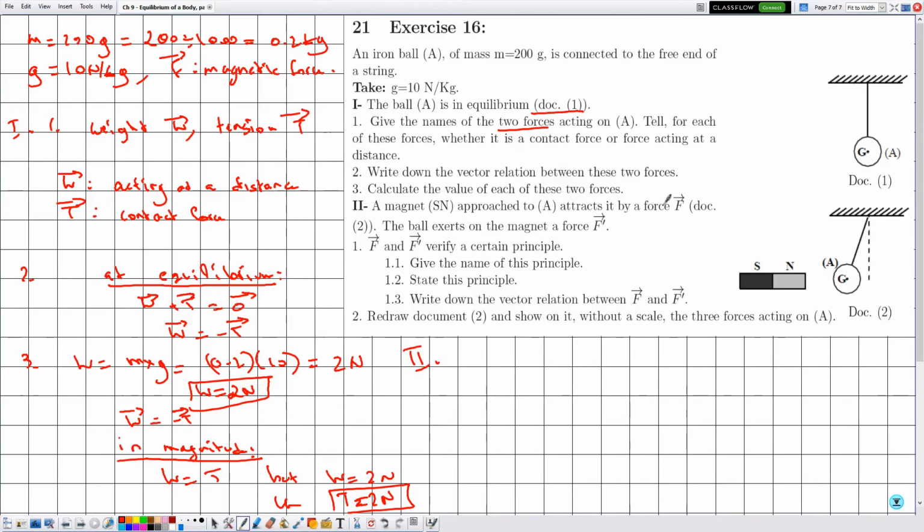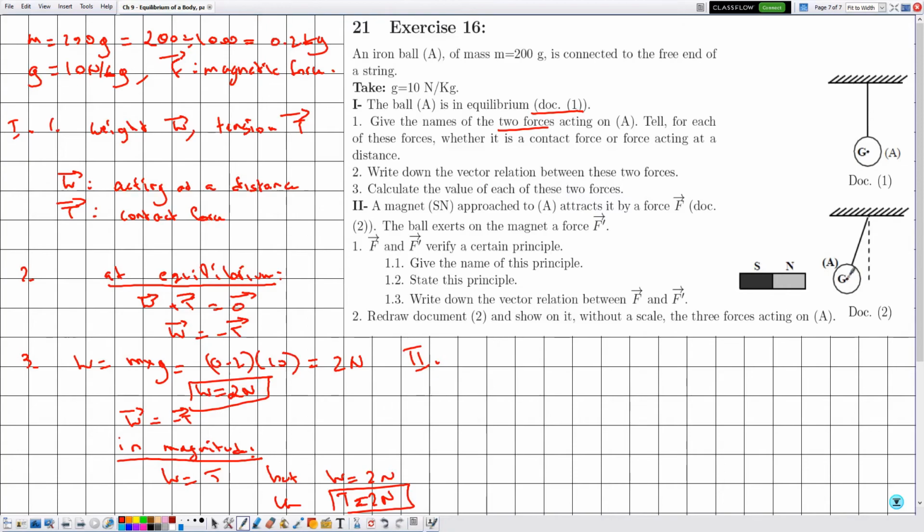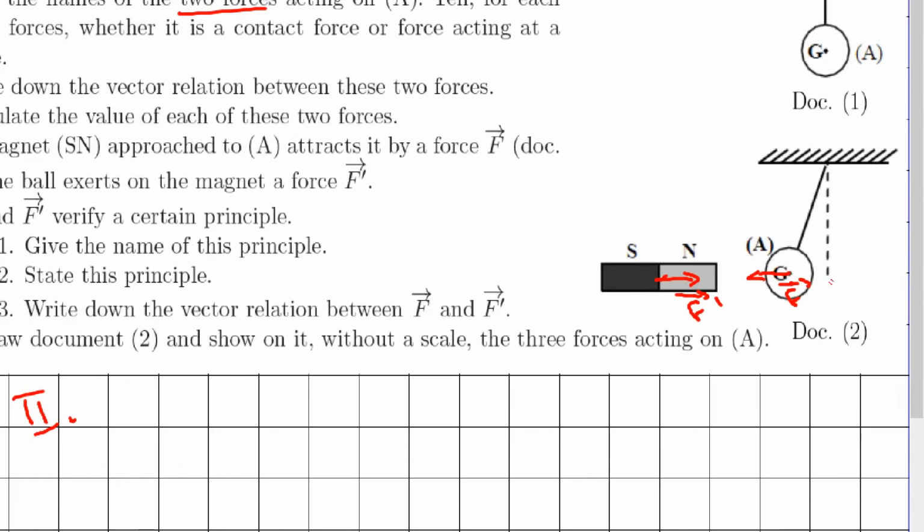F is the force exerted by the magnet on A. Now they are telling me the ball exerts on the magnet a force F prime. So F prime is the force exerted by the ball on the magnet. So F is the force exerted by the magnet on the ball, whereas F prime is the force exerted by the ball on the magnet.